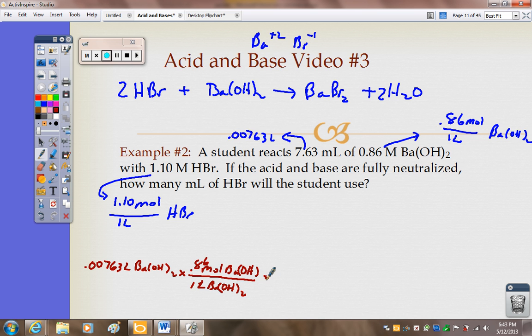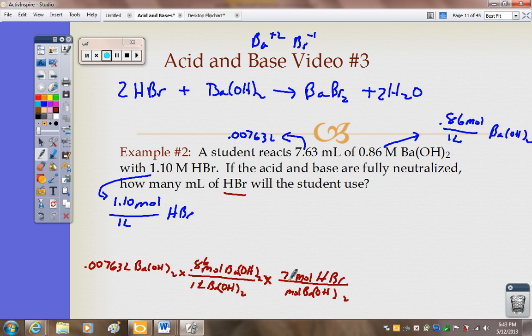I'm going to bring the moles of Ba(OH)2 down. And I want to go from moles to moles of HBr in this case. Now your mole to mole step goes to the balanced chemical equation is a 2 to 1. So 2 to 1.